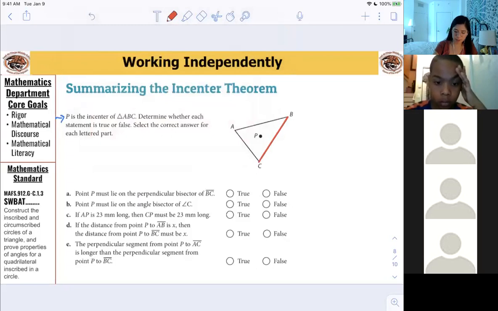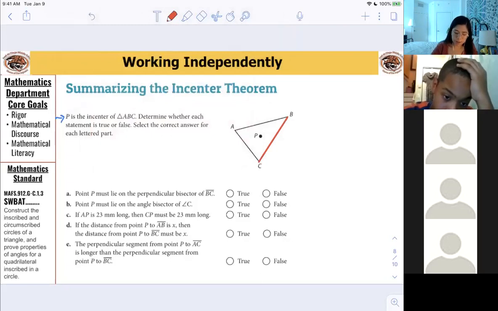What's the perpendicular bisector again? It would cut triangle ABC in half.